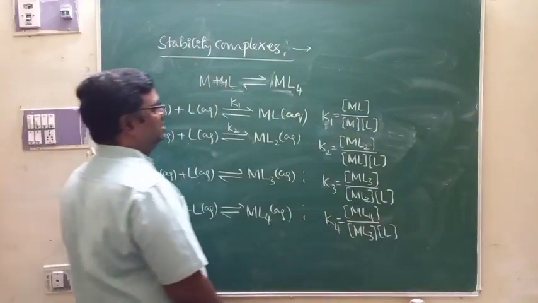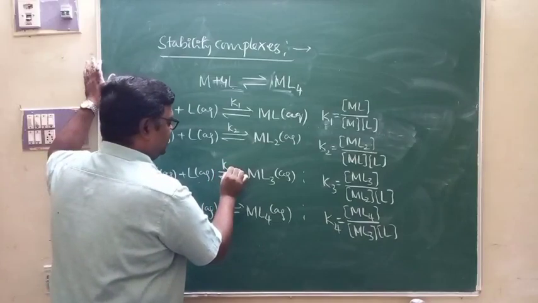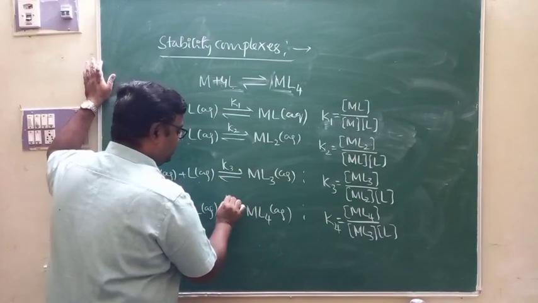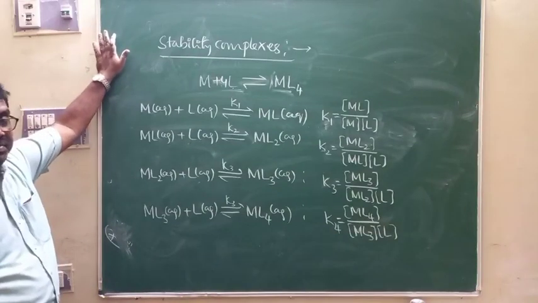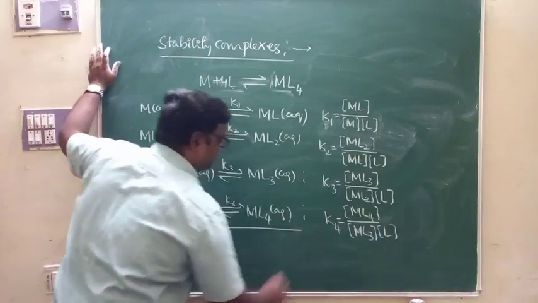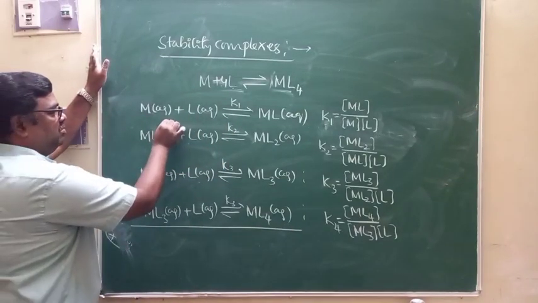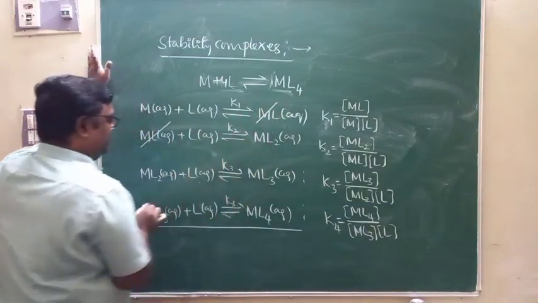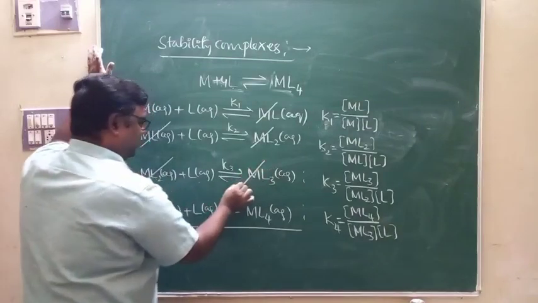Look at this, these are the stepwise representation of the formation of the complex ML4. Now if I add all these equations, cancel the common terms in opposite direction, ML3, right?